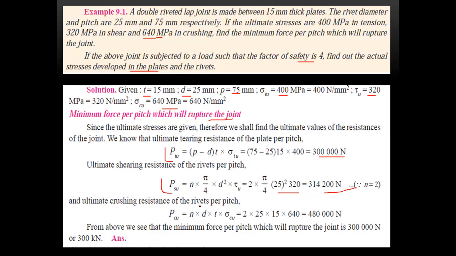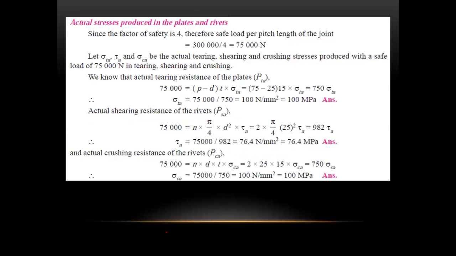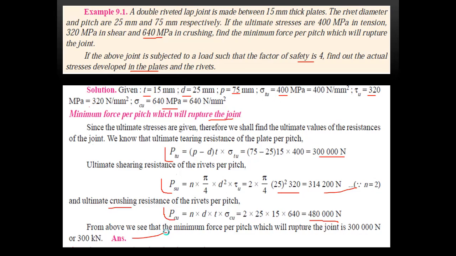Now ultimate crushing resistance n d t into sigma cu, that is this. From the above, we see that the minimum force per pitch which will rupture the joint is equal to 300 kilonewton. So this is the minimum force per pitch.